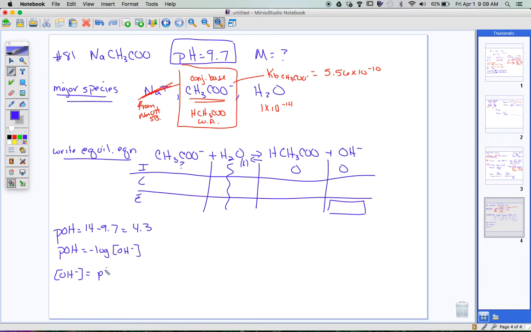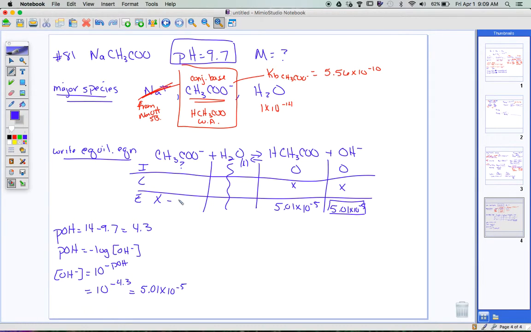So if I want to find the OH minus concentration, it's going to be 10 to the minus POH. So that's going to be 10 to the minus 4.3, which comes out to be 5.01 times 10 to the minus fifth. So we know this concentration. And since this was X and this was X, we also know this concentration. What we don't know is this, right?